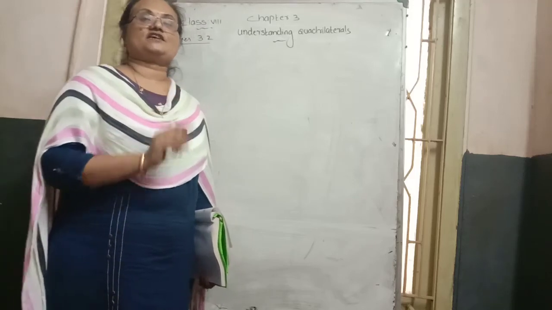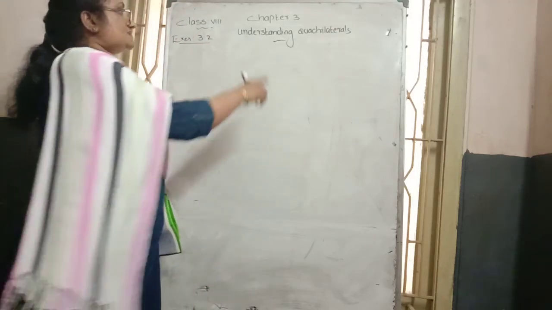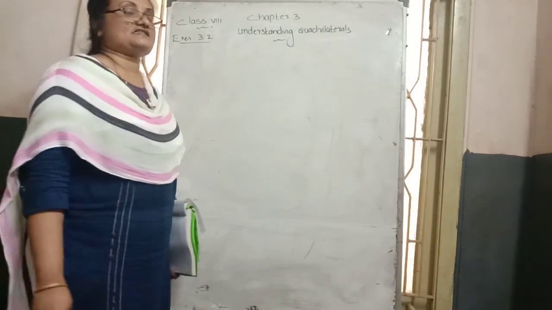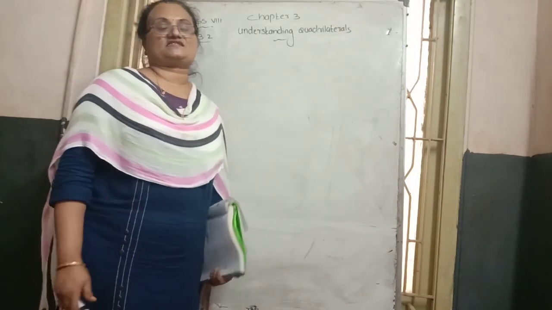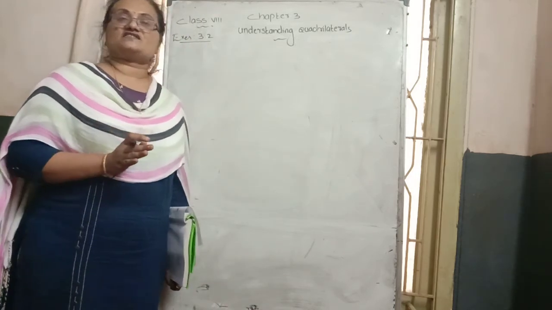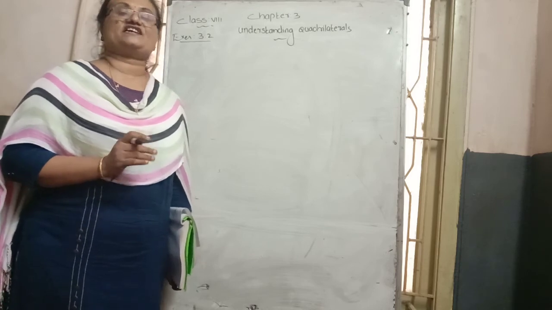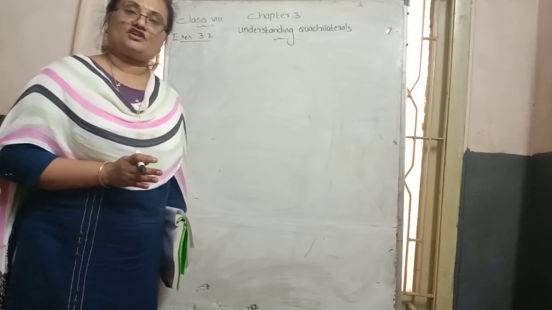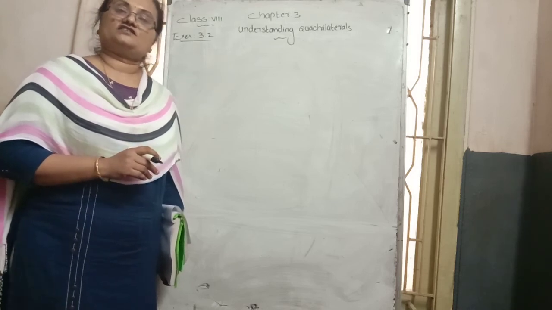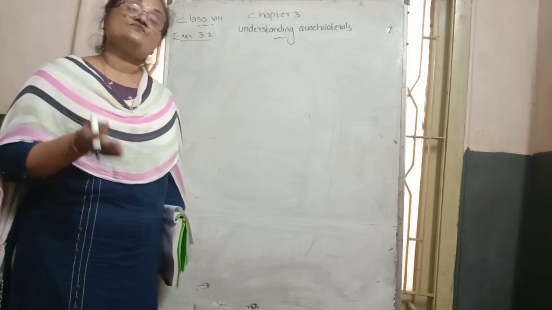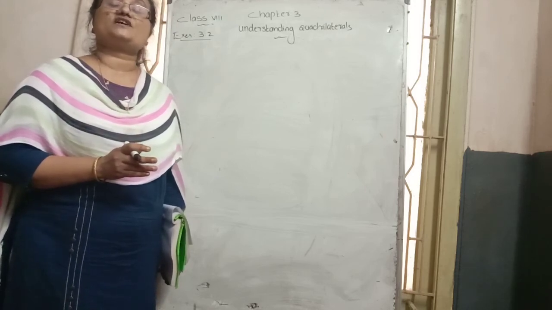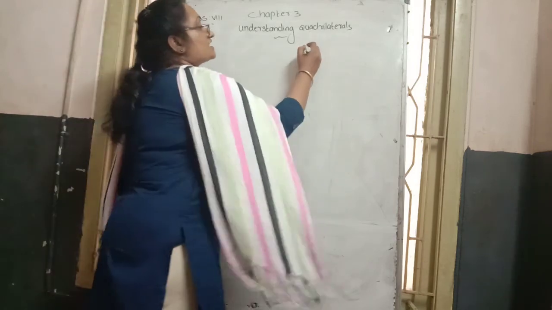Hi students, now we are going to discuss chapter 3, Understanding Quadrilaterals, exercise 3.2. Before that, we already know that the angle sum property of a triangle is 180 degrees. The angle sum property of a quadrilateral, that means the sum of the four angles, is 360 degrees. In the same way, the sum of the exterior angles of a polygon is also 360 degrees.